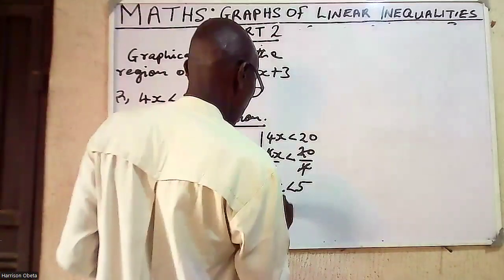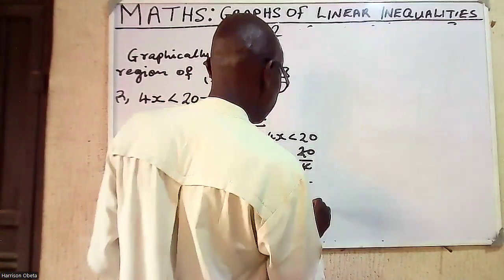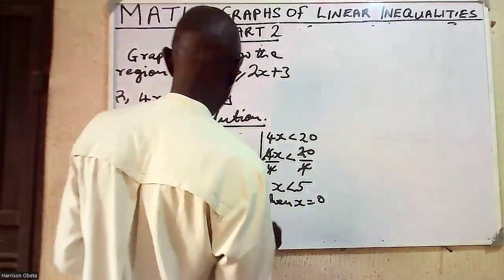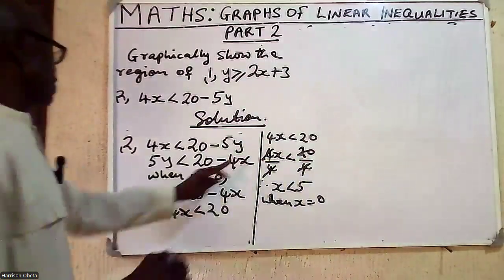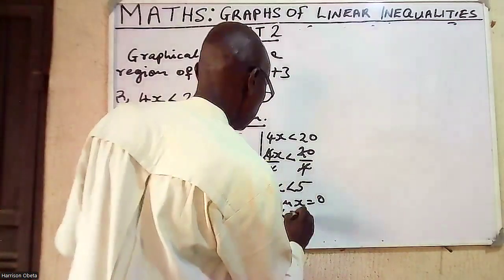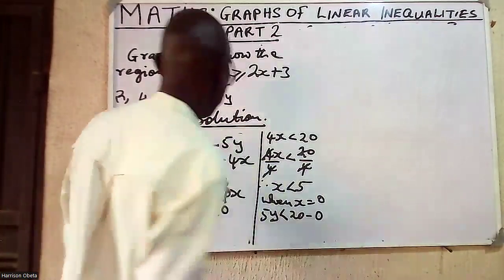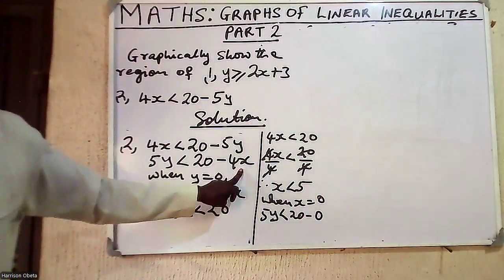Then, when x is 0, that means you put 0 here. It means that 5y is less than 20 minus 0, because 4 times 0 is 0.